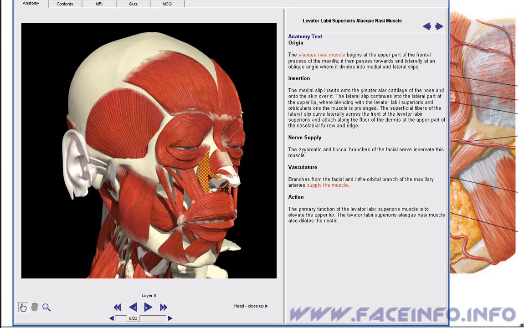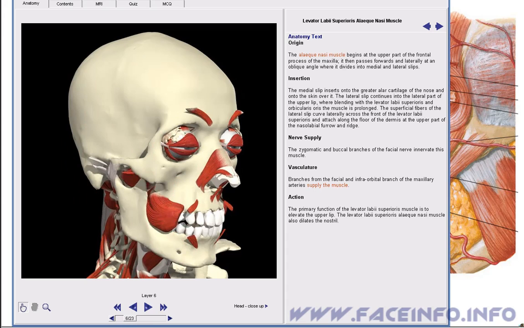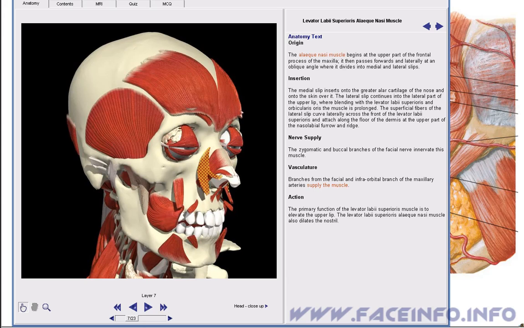So, and this muscle is called the levator labii superioris alaeque nasi muscle. The levator labii superioris alaeque nasi muscle begins at the upper jaw, at the upper part of the frontal process of the maxilla. Then it passes forwards and laterally at an oblique angle where it divides into medial and lateral slips.